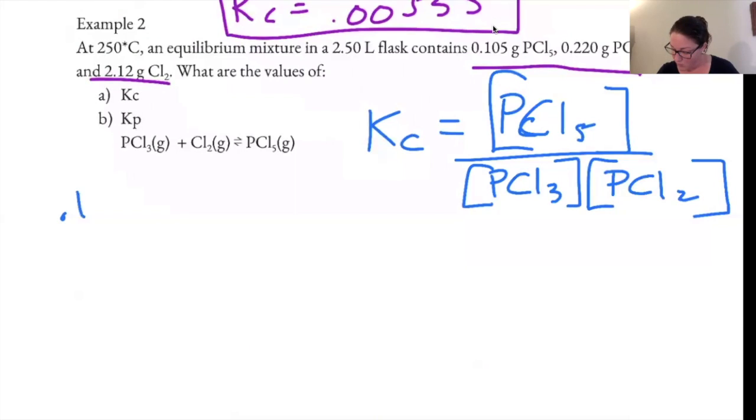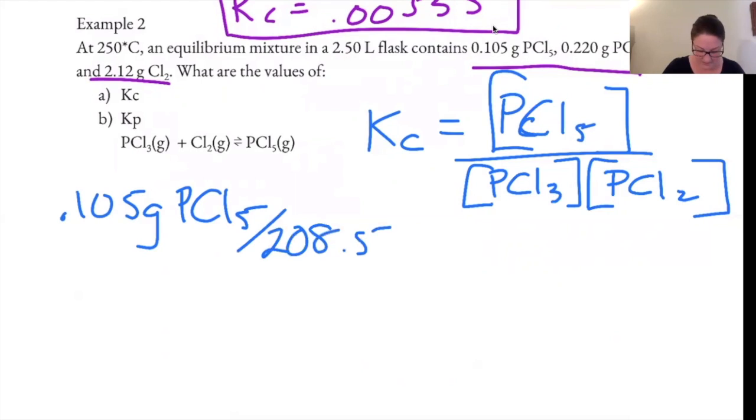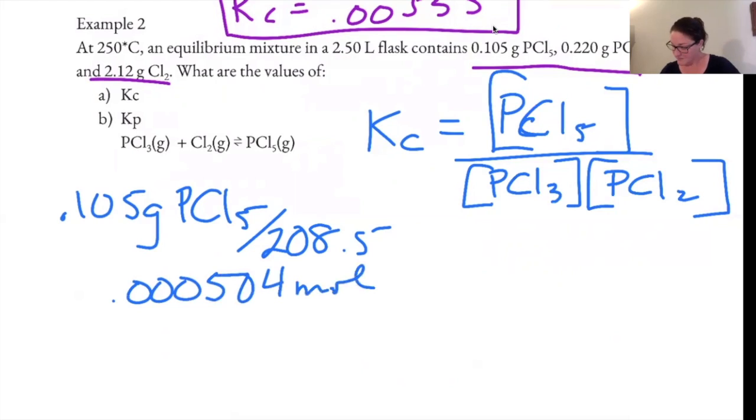I have 0.105 grams of PCl5. I'm going to need to convert to moles, and then I'm going to need to convert to molarity. I've already figured out the molecular weight of PCl5, and it is 208.5. So dividing this by 208.5, 0.105 divided by 208.5 gives me 0.000504 moles.